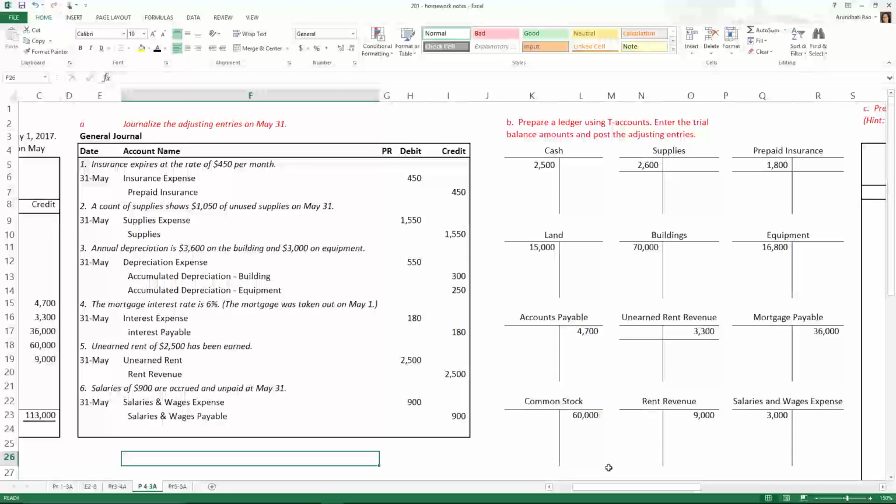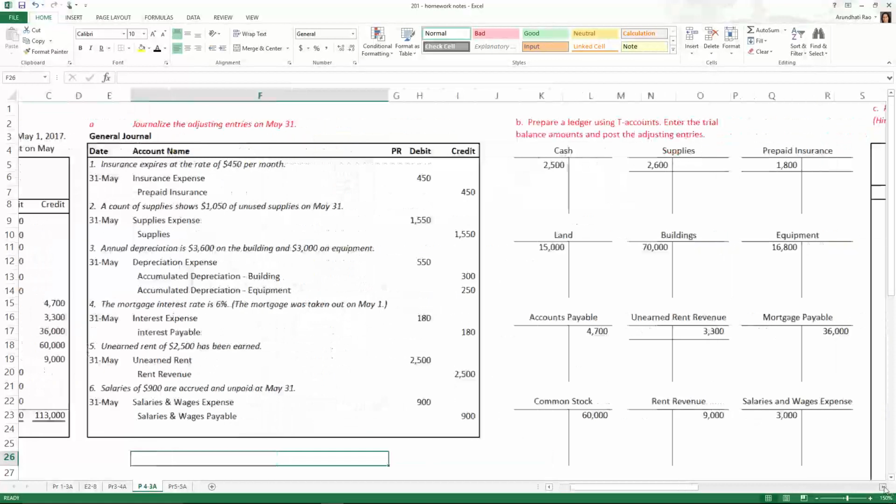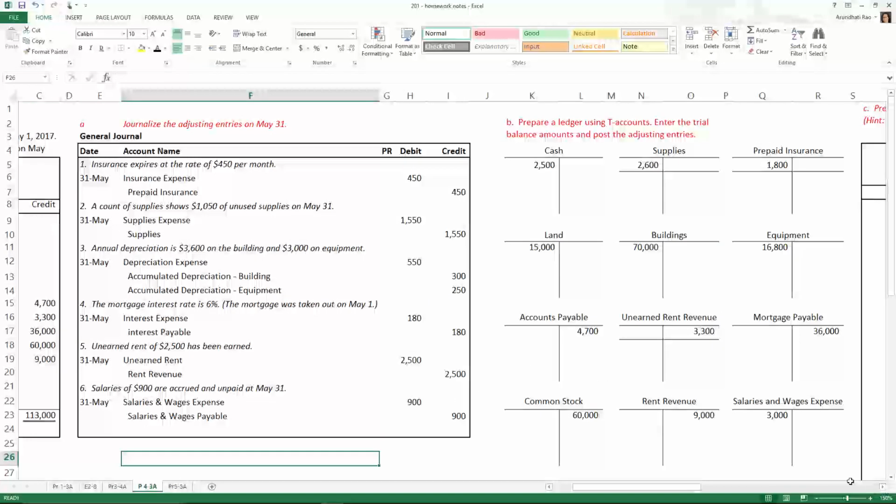What you will see is I have taken the information that was given from the unadjusted trial balance. I'd already put that information in over here in all my T accounts. Now I'll transfer the information. I'll post the information from the adjusting entries into the ledgers, and then I'll update the balances, which basically means I'll recalculate what the balance is.